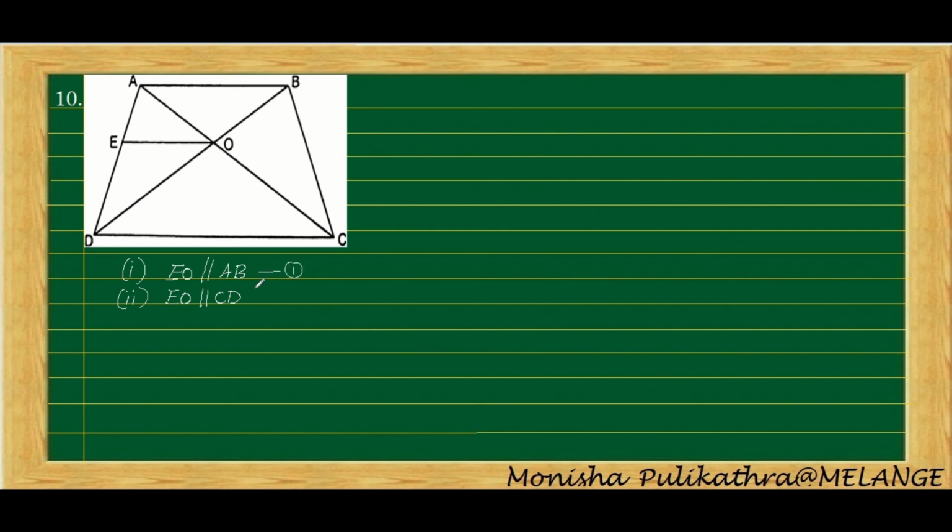So what happens from these two equations? If EO is parallel to AB and EO is also parallel to CD, then these three are parallel to each other, right? So this confirms that AB is parallel to CD. If these two sides are parallel to each other, then ABCD will be a trapezium. ABCD is a trapezium.